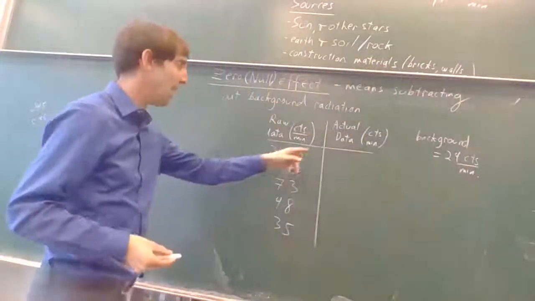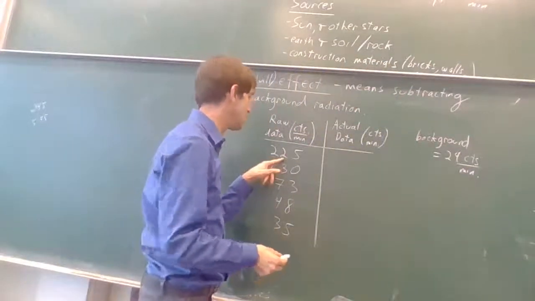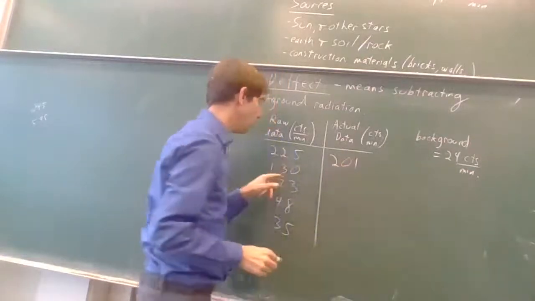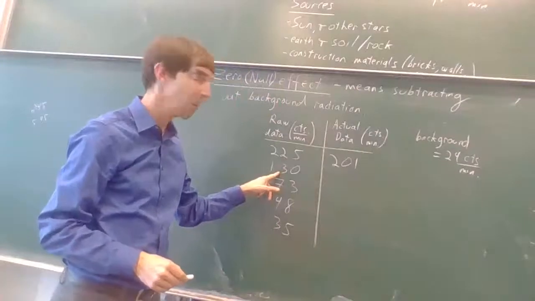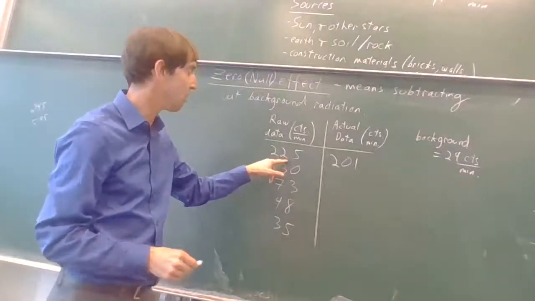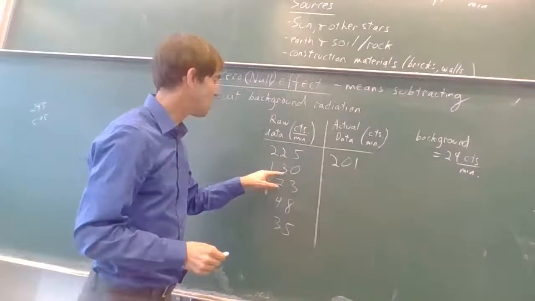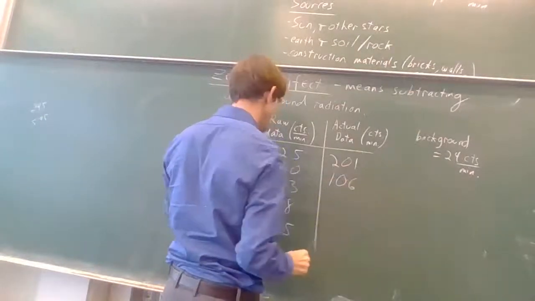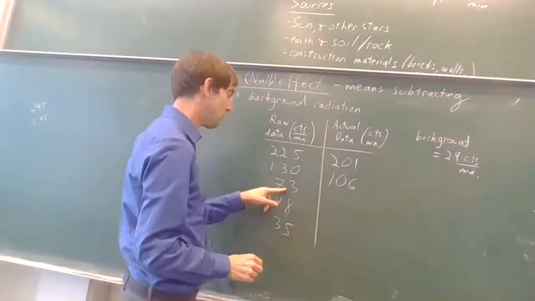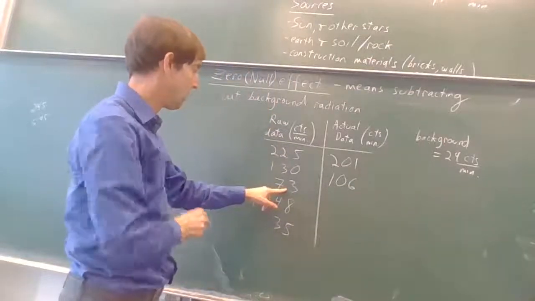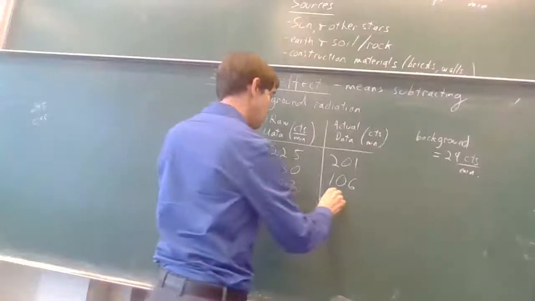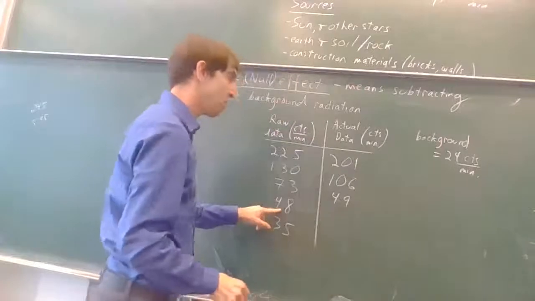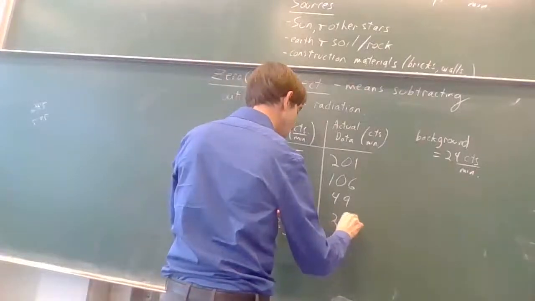So really my actual data is not 225, it's 201, isn't it? I've got to subtract 24. And my actual data here is not 130, it's 106. Here it's not 73, it's 49. Here it's not 48, but 24.